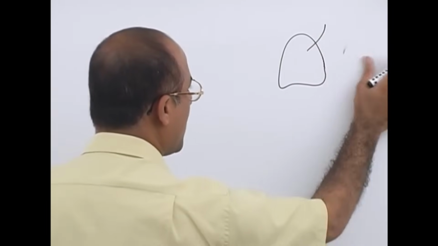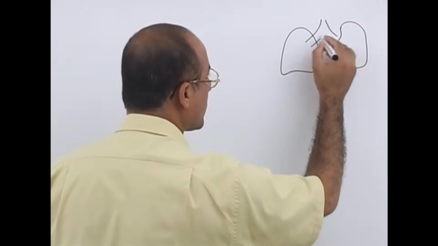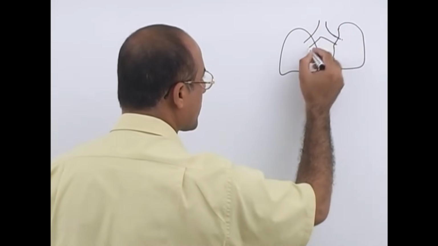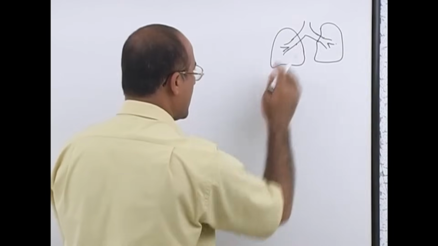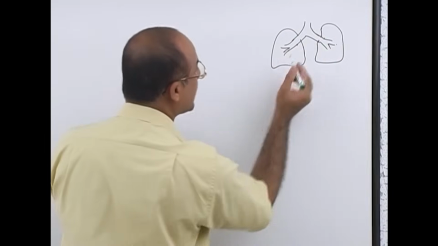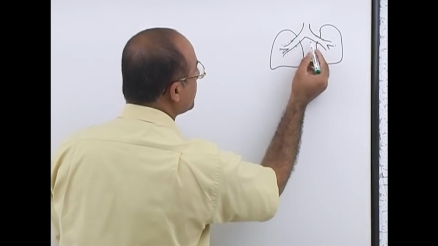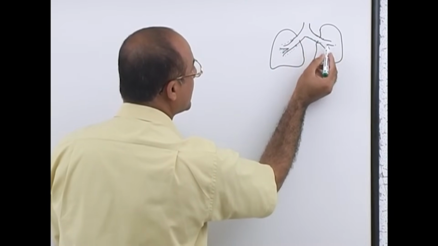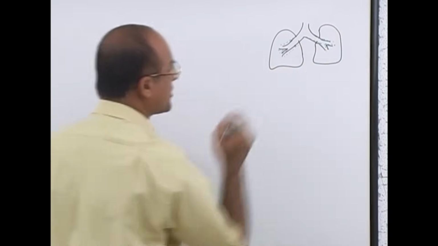This is his bronchial tree, and this bronchial tree is now loaded with mast cells. These are small mast cells, and these mast cells have anti-pollen IgE antibodies on them.